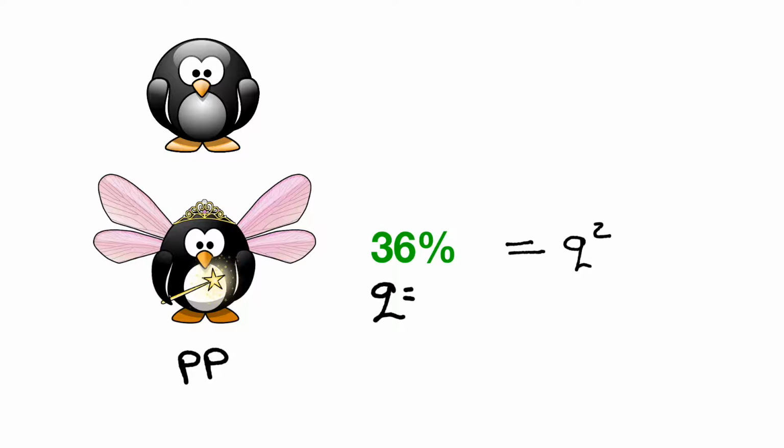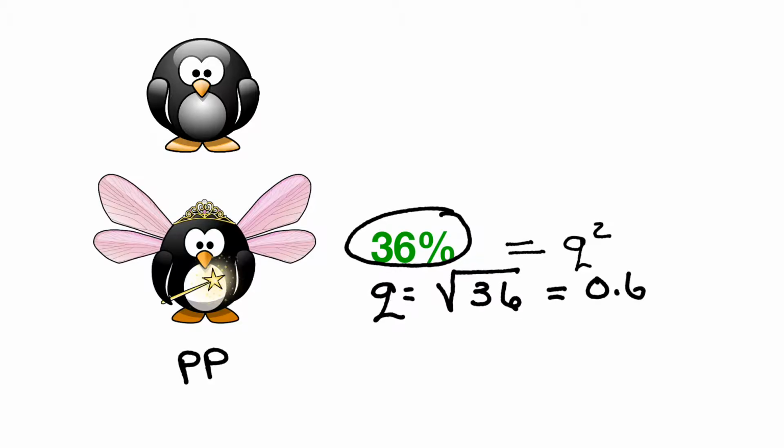And we're going to say that we have 36% of our population in the homozygous recessive form. That's our Q squared, so we want to solve for Q. So Q is just the square root of 0.36, which is 0.6.